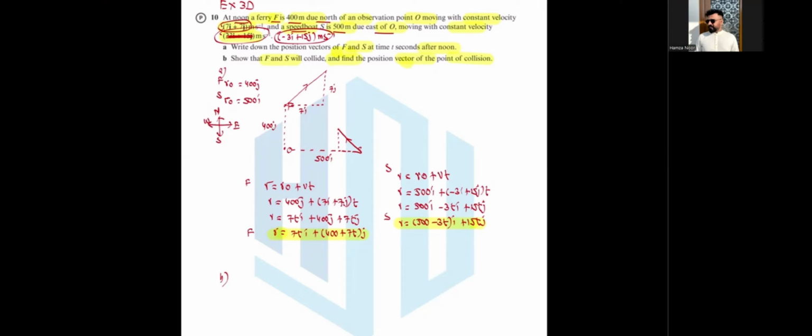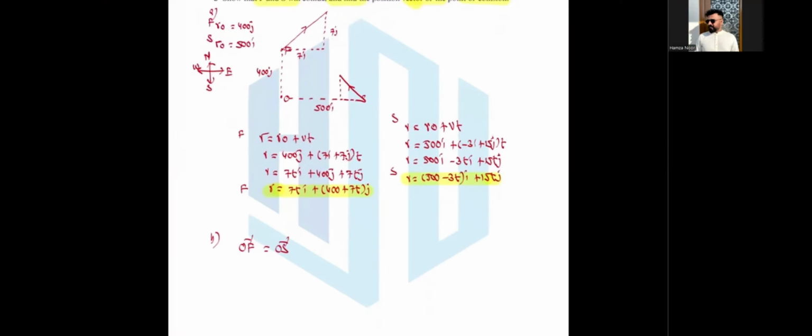At that common point, the OF vector and OS vector are equal to each other, meaning the position vector of the ferry and the position vector of the speedboat are exactly the same because they have a point of collision. So I'm going to equate these two vectors with each other and get the same value of t.